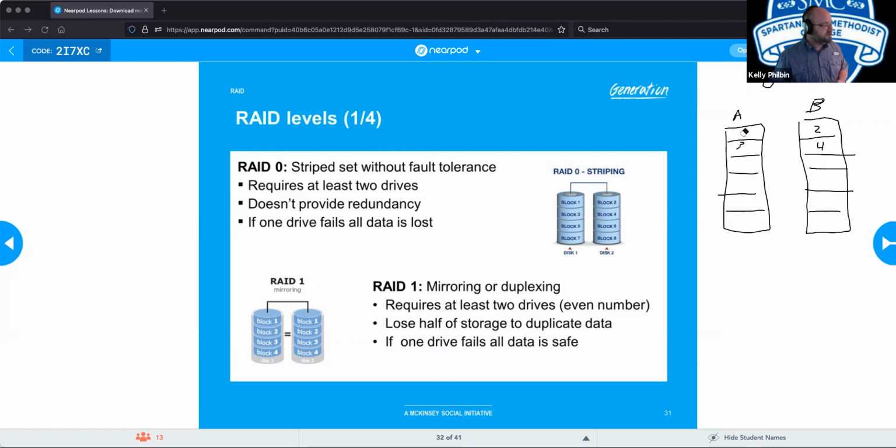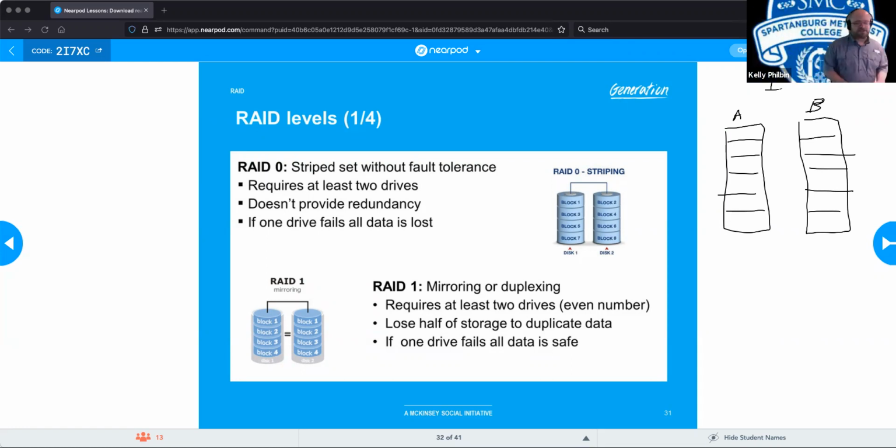Next, we have RAID 1, which is called mirroring or duplexing. It requires 2 drives. You don't gain any additional storage.